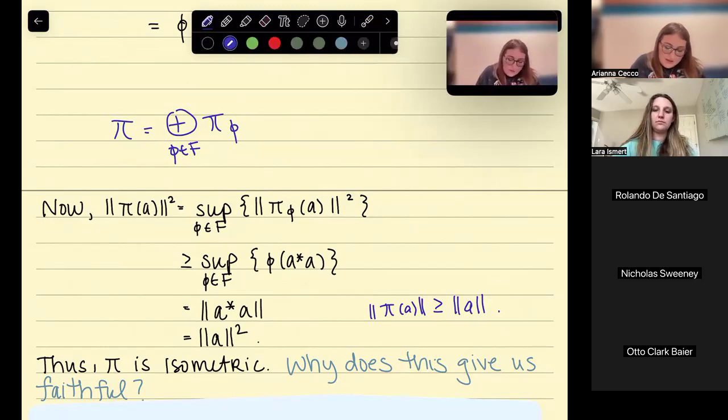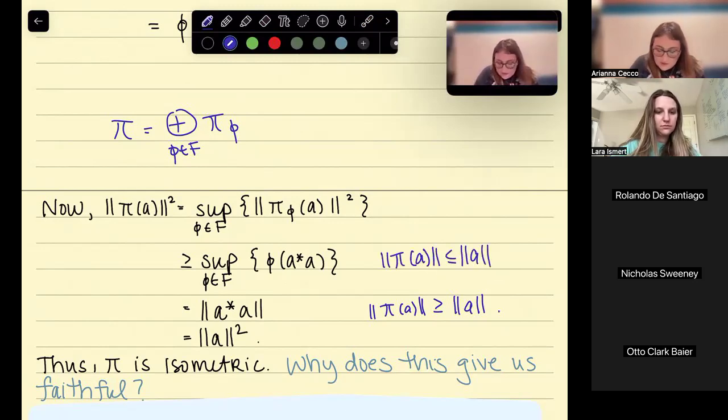But also above, we had that the norm of pi of A is less than or equal to the norm of A. So that means that they're actually equal.